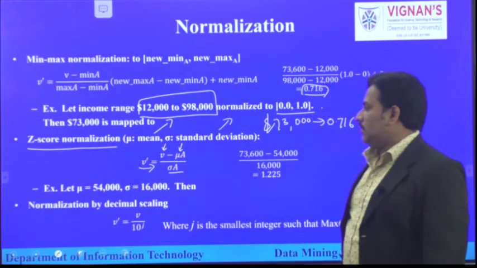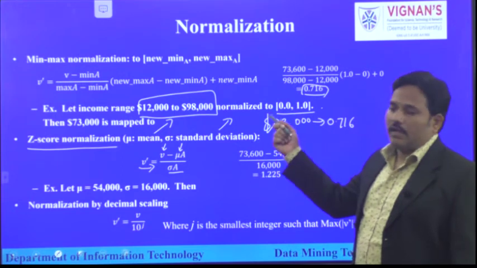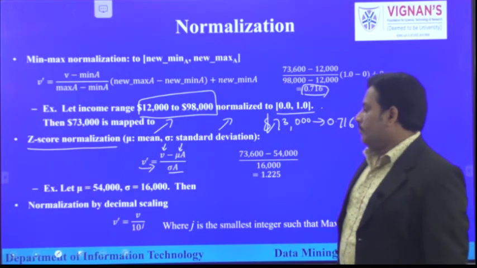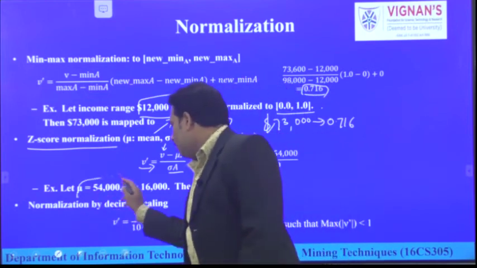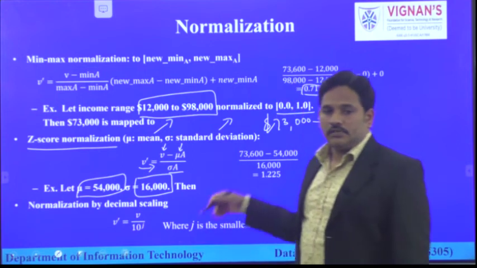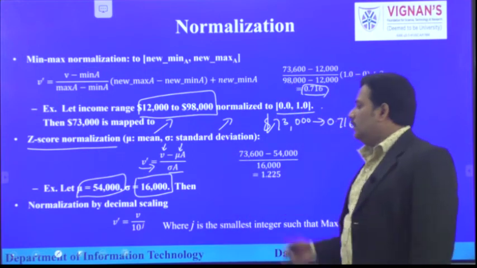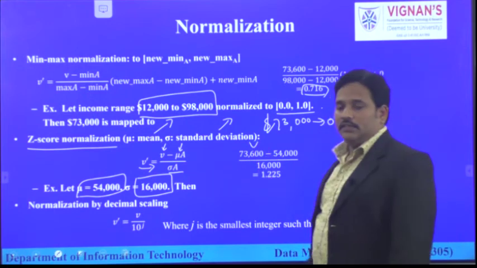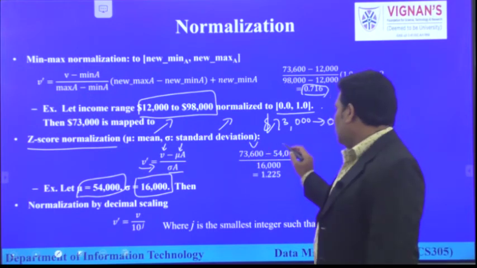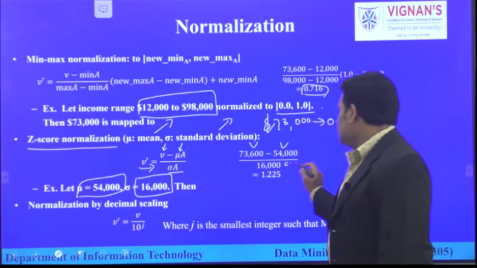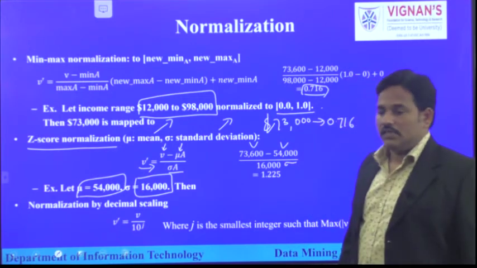Let us assume the previous example, that is values between $12,000 to $98,000. Their mean is 54,000 and the standard deviation is 16,000. These are the pre-calculated values. Substitute the values. Here we want to convert 73,600, the data set mean is 54,000 and the standard deviation is 16,000.